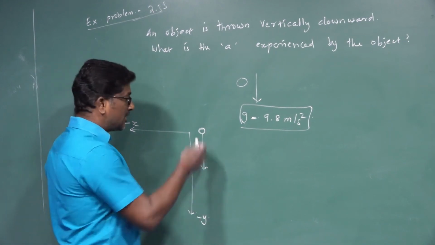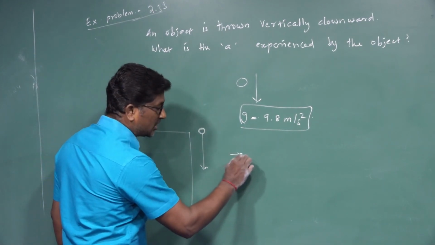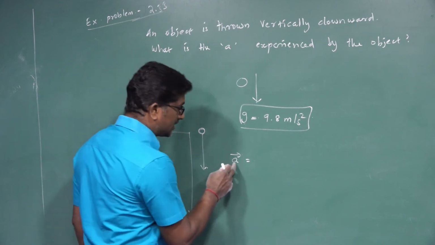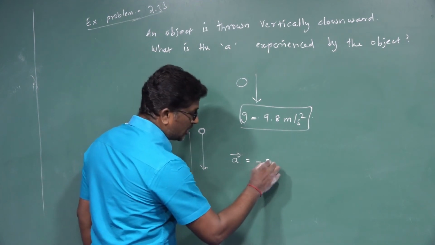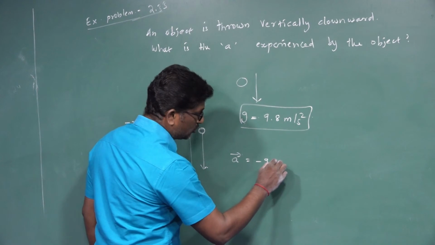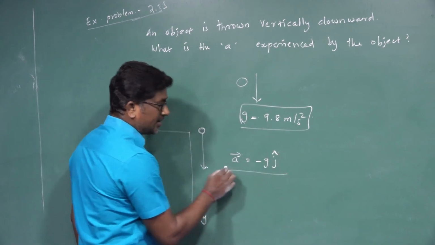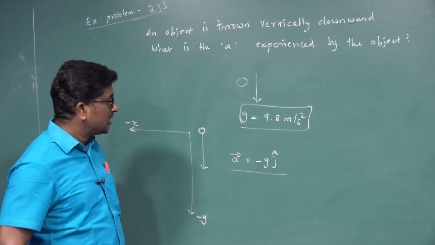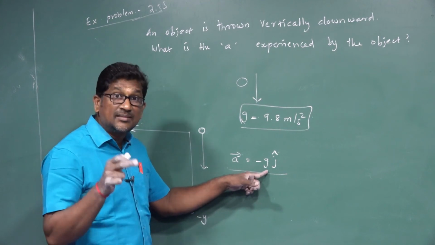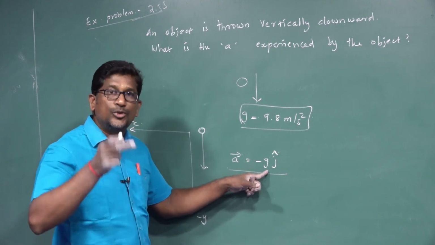right? In this situation, the acceleration experienced by the particle in vector form can be written as a vector is equal to minus g into j cap. What is g? The acceleration experienced by the particle due to gravity.